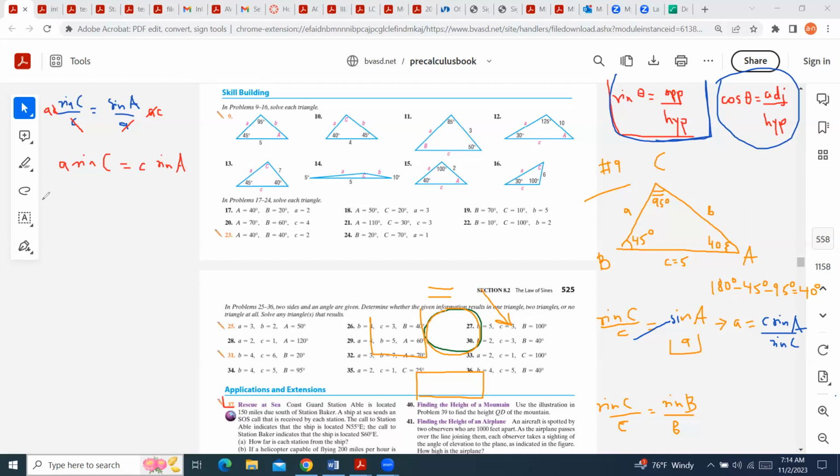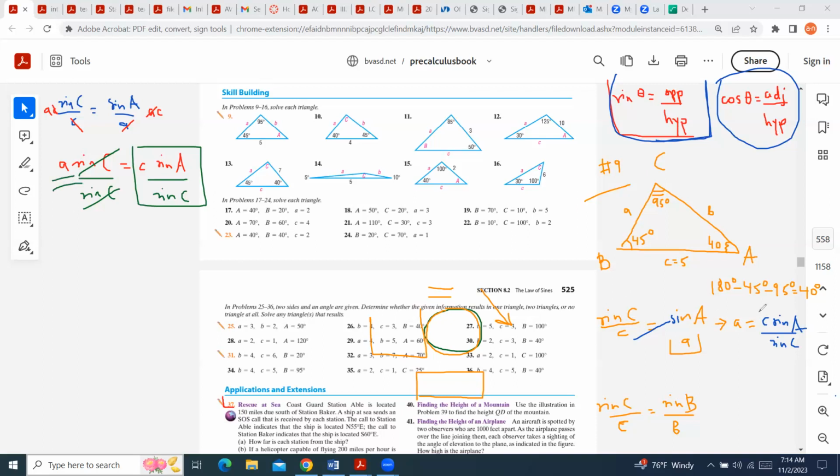So if you like A, fine, divide by whatever is next to it, which is sine of C. But I don't want to do this procedure every time because it's annoying. I can just notice that we have produced A, right?